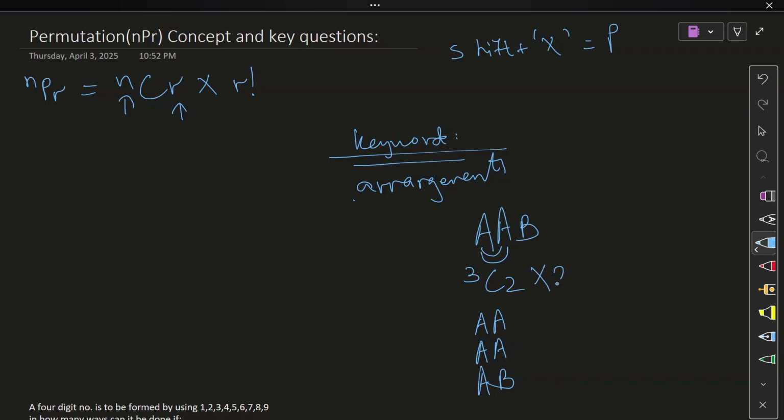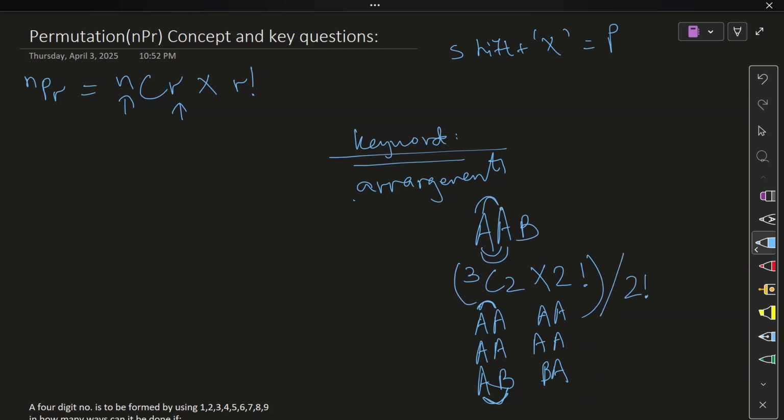But now I want to rearrange them into 2 factorial. What that means is that these same things will be moved around. Double A again. These two A's will move around to give you the same thing. And then AB will turn into BA because it just moved around, switched positions, right? But I know that A repeats 2 times. So just like in factorial, I can simply divide this by 2 factorial.